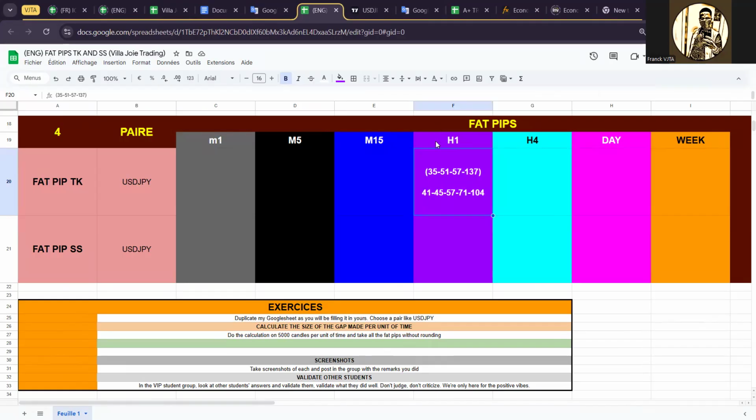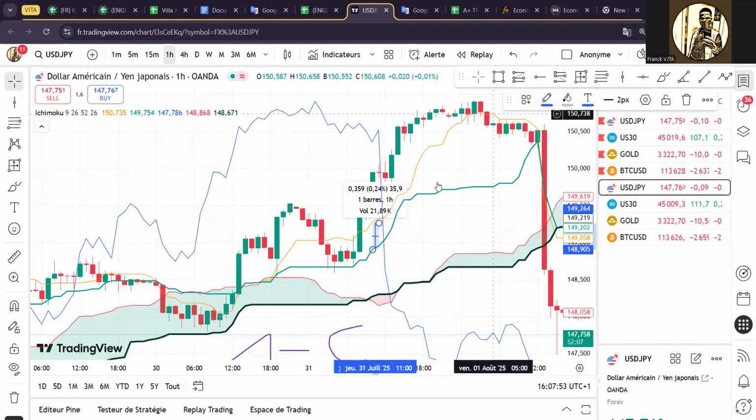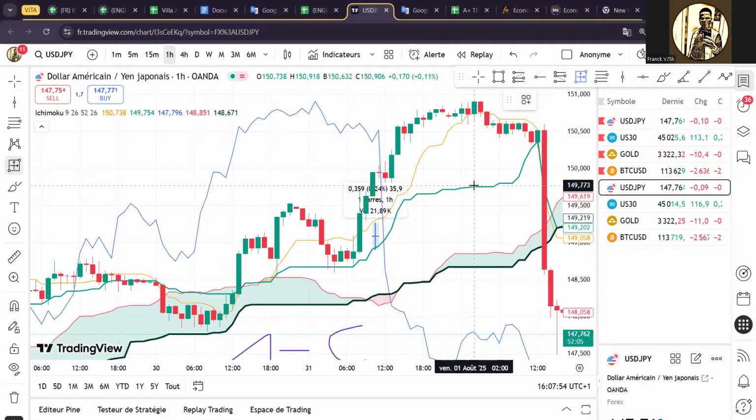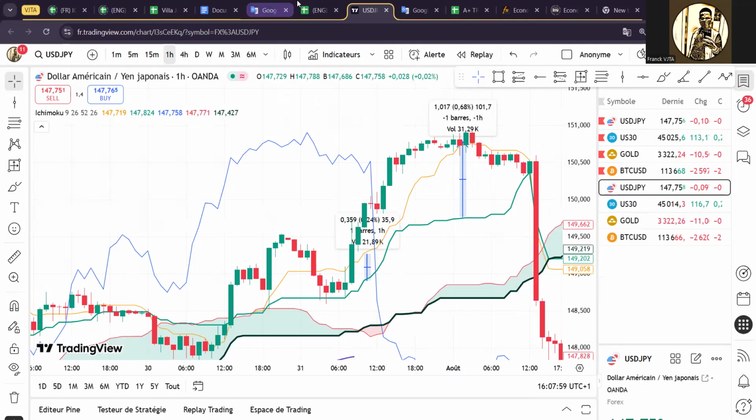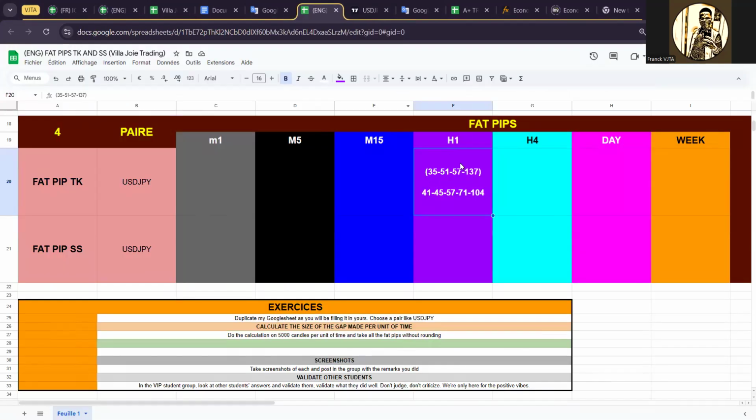that the price can make a correction or continue in the same direction with the first number, but arrive at 50 pips like this one. This one is 100 pips. Arrive at 50 pips, the correction is certain, right?